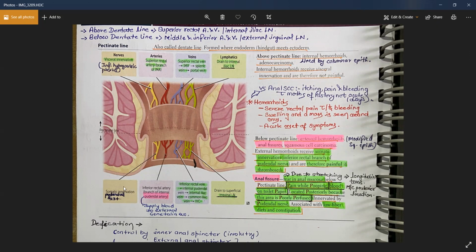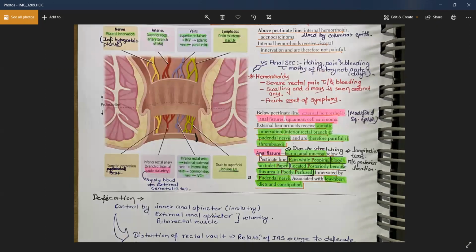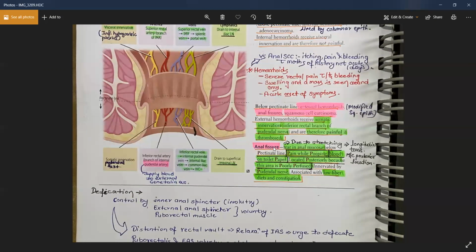So, let's talk about the anal fissures. Compared to the anterior part of the anal canal, the posterior part is kind of devoid of veins and arteries. You don't have many veins and arteries in the posterior region compared to the anterior region.